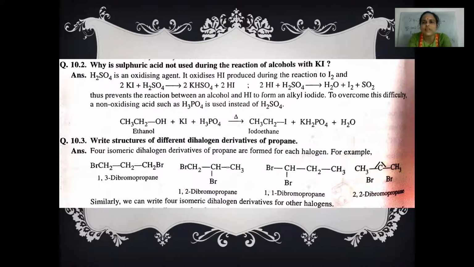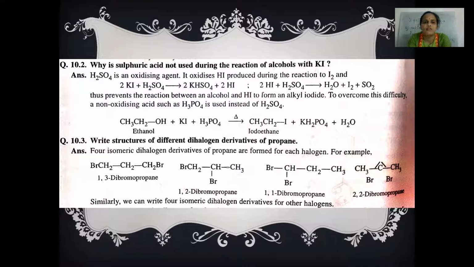See the reaction: KI reacts with H2SO4 to form KHSO4 plus HI, and this HI reacts with H2SO4 to give H2O plus I2 plus SO2. Thus, it prevents the reaction between an alcohol and HI to form an alkyl iodide. To overcome this difficulty, we take a non-oxidizing acid such as H3PO4 in place of H2SO4. That is the reason, and you will write the equation in the explanation part.